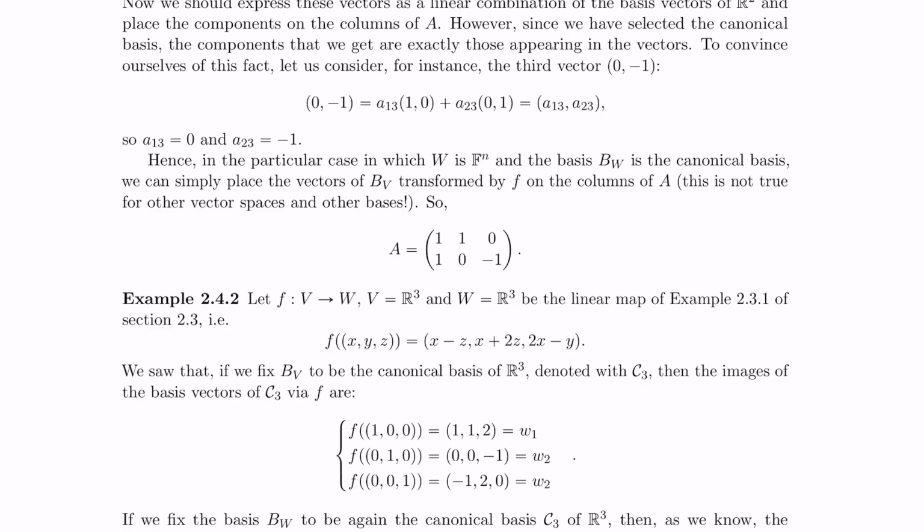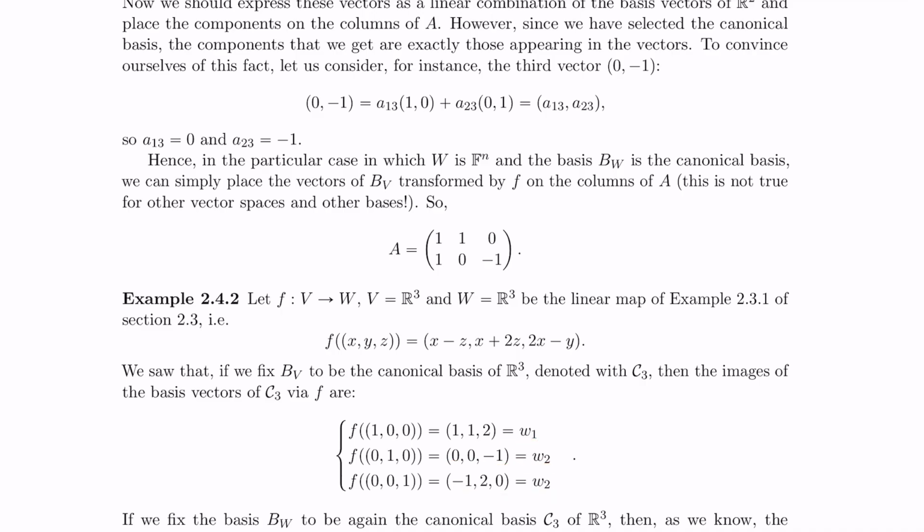In order to find the matrix associated to F with respect to the canonical basis, we have to transform the basis vectors of the canonical basis of R3, which are these ones here, and if we replace x, y, and z by the coordinates of the three canonical vectors, we find these vectors here.